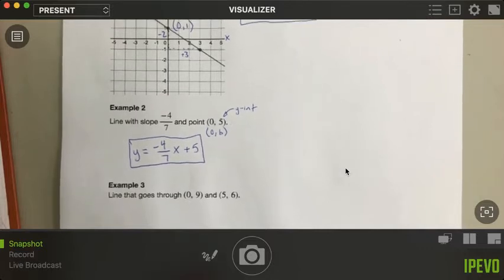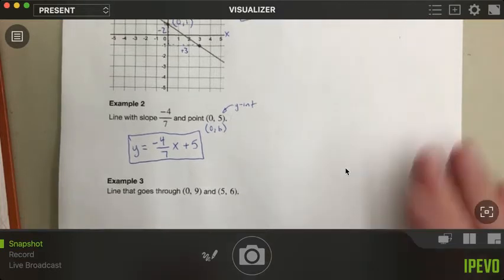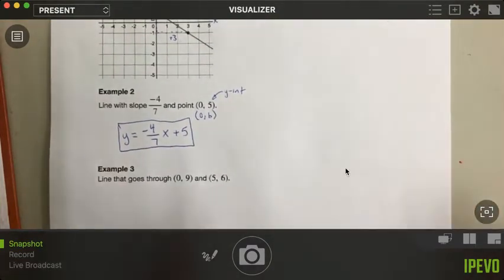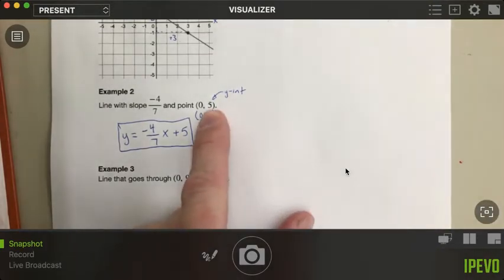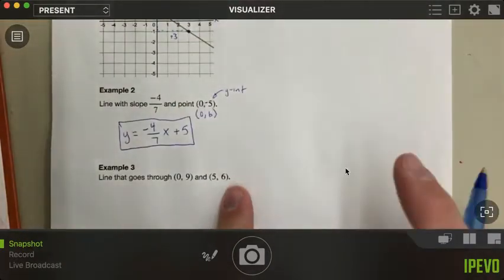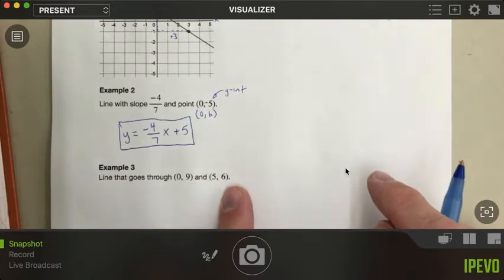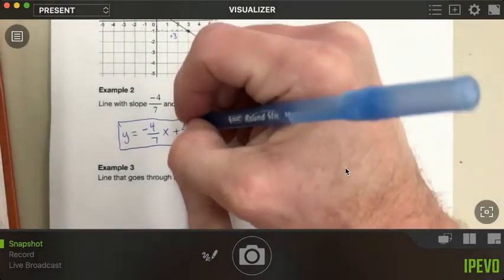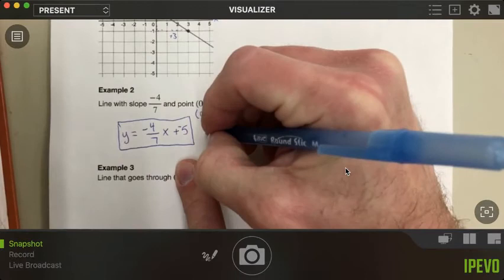All right. And then let's adjust this one a little bit. Let's say instead I had said this was not a positive 5, but in fact it was a -5. The only thing that would change is that this would be plus a -5.